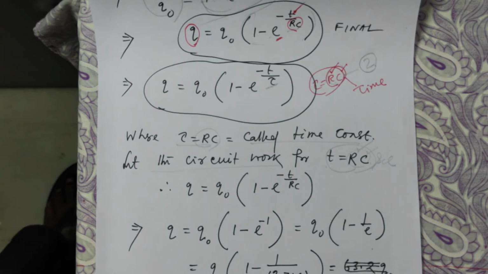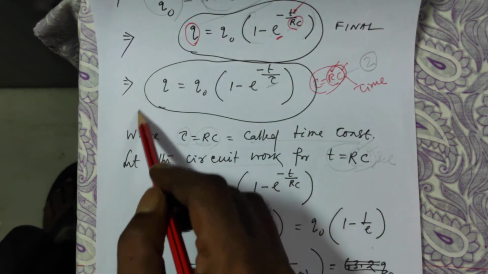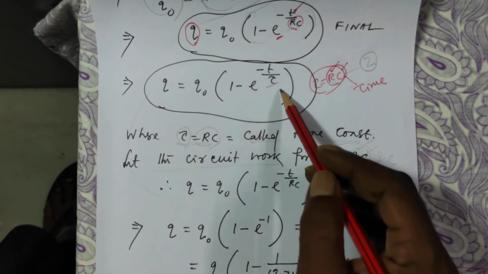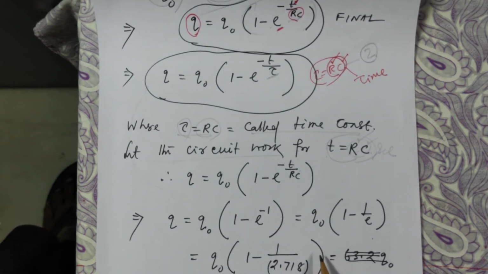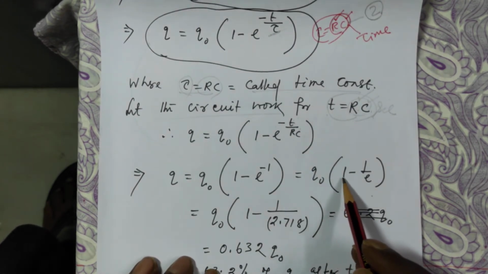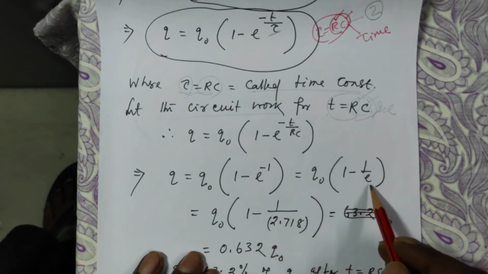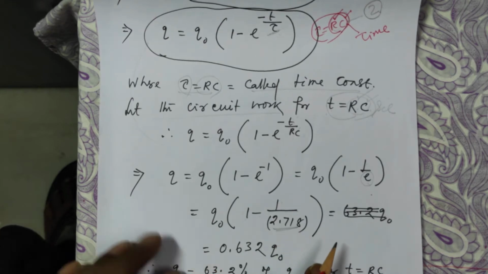Then what is the charge in the capacitor after 2 seconds, that is, after one time constant? So put it here. Q is equal to Q naught times 1 minus e to the power minus t by RC. In this expression, put t equal to RC. RC cancel, so e to the power minus 1. So this becomes Q naught times 1 minus e to the power minus 1, and e to the power minus 1 is 1 by e. So e has a standard value: 1 minus 1 by e. This is the standard value of e.